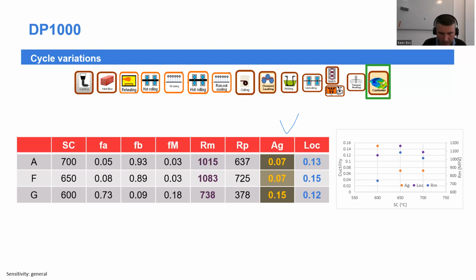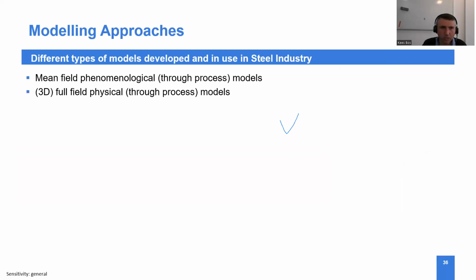So I think it shows that this type of analysis that we can do on the microstructure and the mechanical response is really interesting and a really powerful tool to judge which microstructure behaves in which way. So that more or less brings me to the end of my presentation.